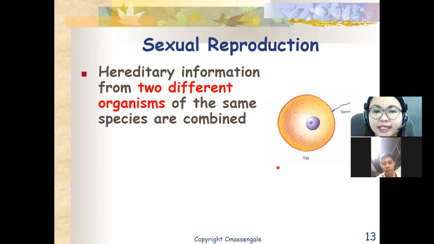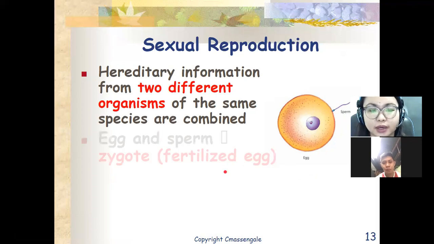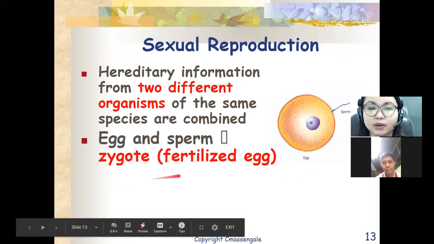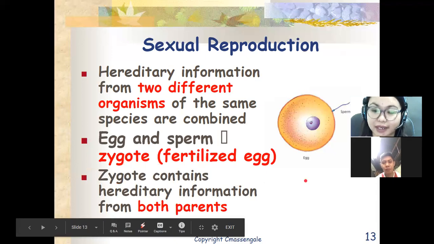We say sexual reproduction if two different organisms combine as one. We call it the egg and sperm, and the fertilized egg we call a zygote. You already know how it goes for humans and animals. You already have your animal science subjects.